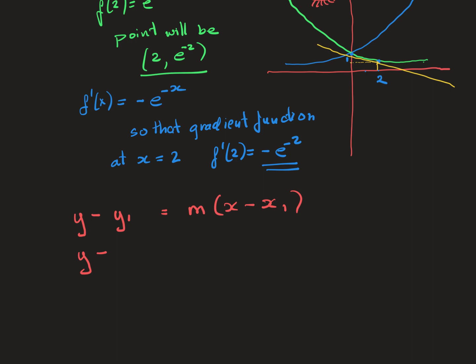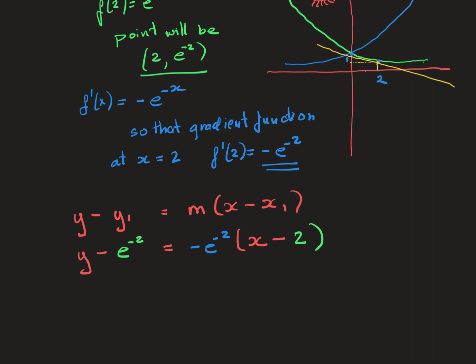I said that was e to the minus 2. And what is m? m is minus e to the minus 2. And what is x? The x value is 2. You can see I've put the point values in here and I put the gradient in here.